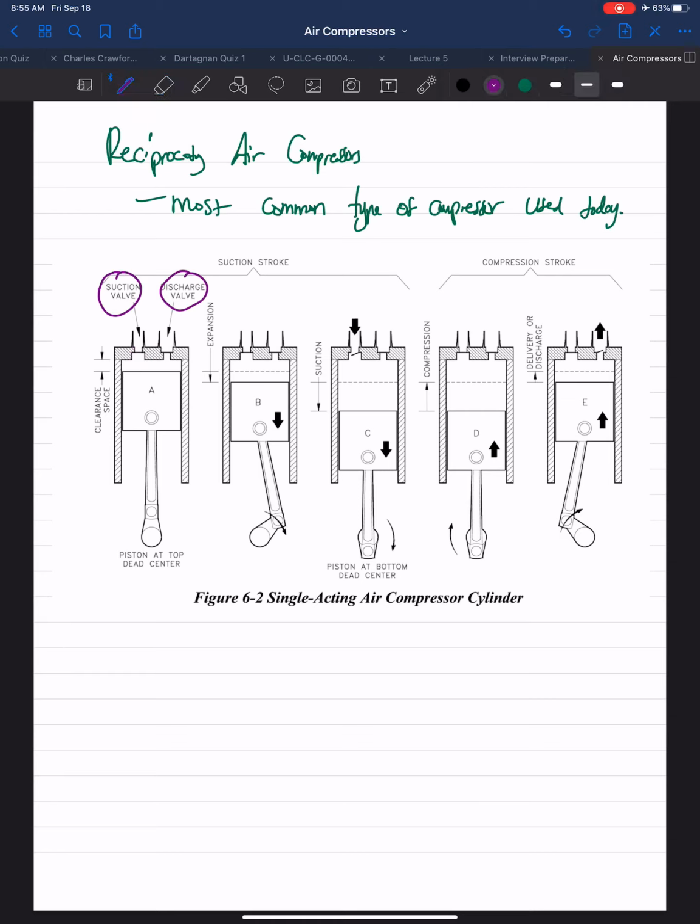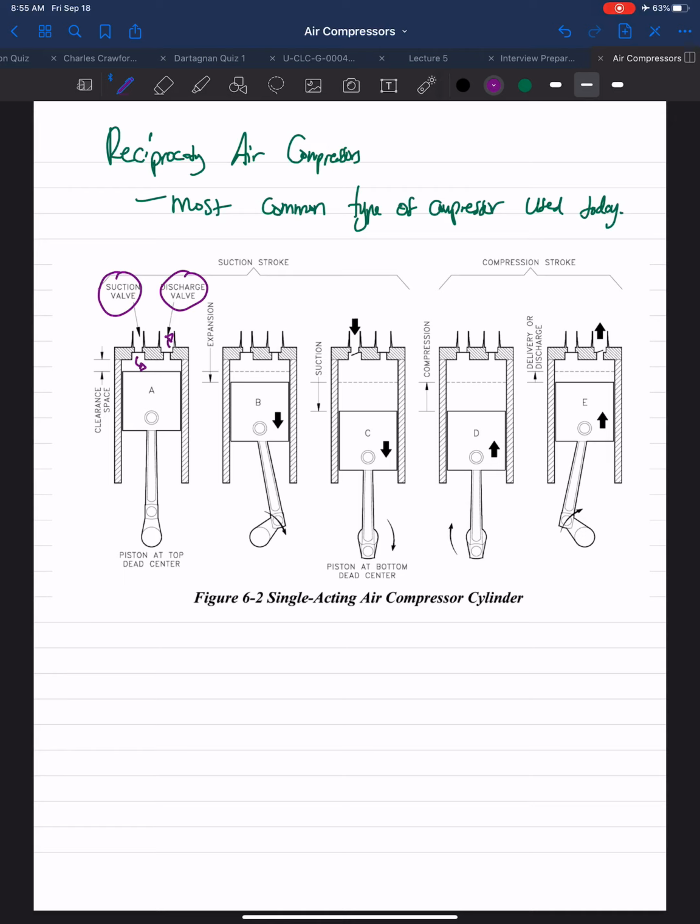You notice this valve can only open this way, and this valve can only open this way, which means if the suction valve opens, air comes in to this clearance space, and then eventually the compression cylinder, and upon discharge, air exits out this valve. Like I said, this space here is called the clearance space.